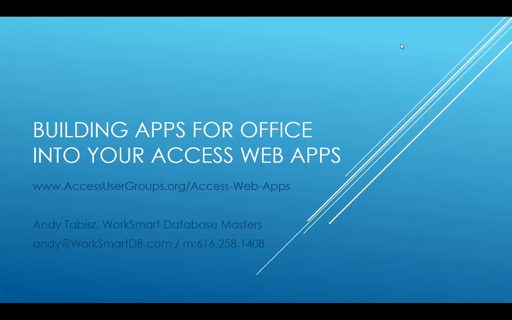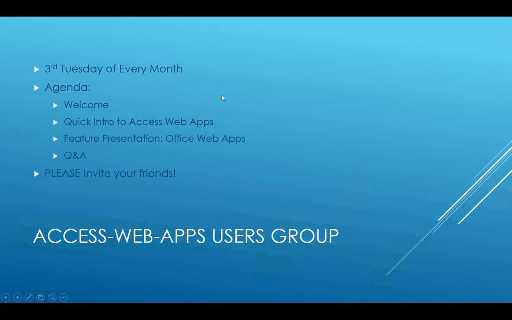So this is the second meeting that we've had of the Access User Groups, and we're going to meet the third Tuesday of every month. The agenda is a really quick welcome, and then a quick introduction to Access web apps.